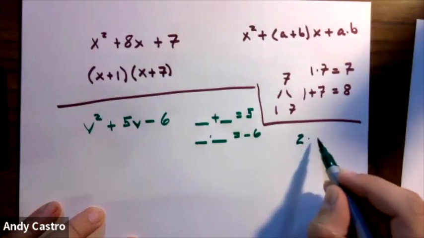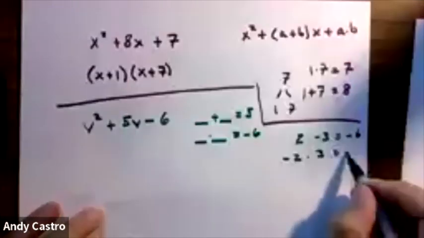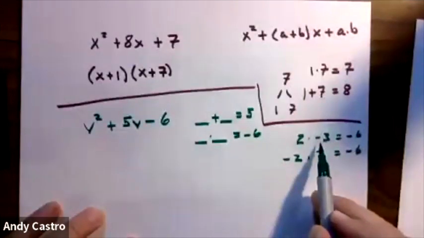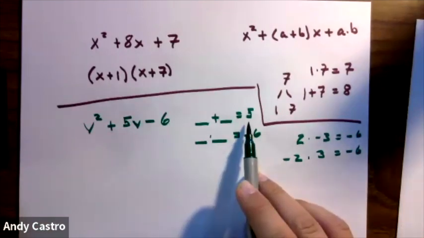So 2 times negative 3 gives me negative 6. Negative 2 times positive 3 gives me negative 6. But if I add 2 and negative 3, that gives me negative 1. If I add negative 2 and 3, that's going to give me positive 1. Neither one is going to give me 5.